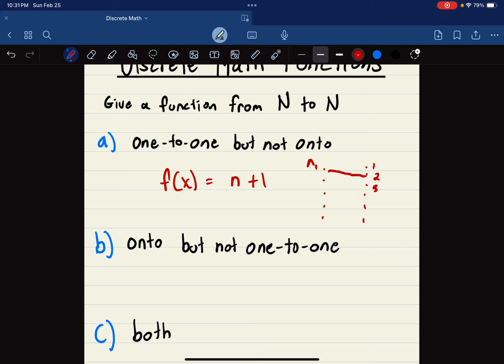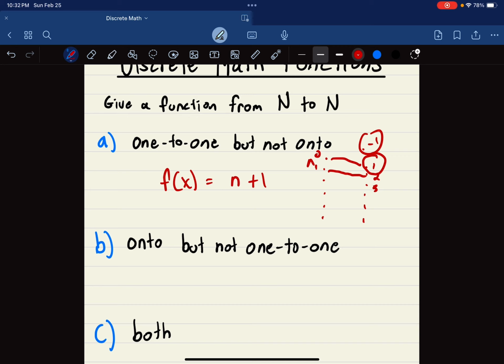So you're essentially mapping it one above, so you're always going to miss out on the 1. And even if you had a 0 here, the element at the top won't be mapped, so you'll always have one left out.